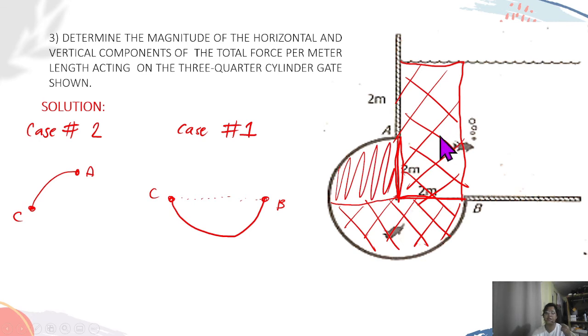So, technically, kukunin ko lang talaga yung total volume niyan. Yan, yung parang medyas. Mukhang medyas na yan. Yan ang total hydrostatic force talaga, generally. Pero, dahil nga tayo ay case sensitive, we have to abide by the law.